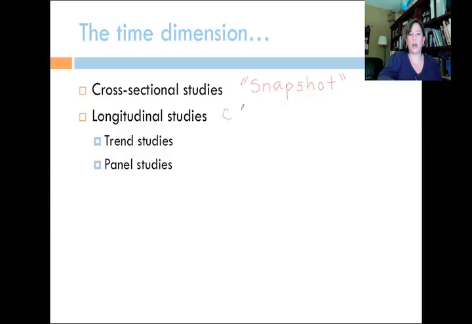With longitudinal, we're looking over time. And this is where you'll find trend studies. And a longitudinal study can be multiple cross-sectional studies. So when we look at trends over time, looking like, let's say, enrollment over time, fall enrollment over time, that could be considered a trend study.